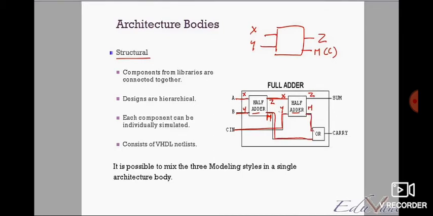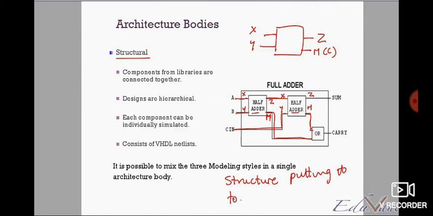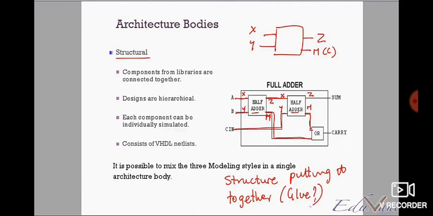If I do this kind of design, then basically what I'm saying is I'm taking the structure of my design and putting it together. Basically I'm just using some glue. So I'm taking these pieces and putting them together with some additional gates in between.